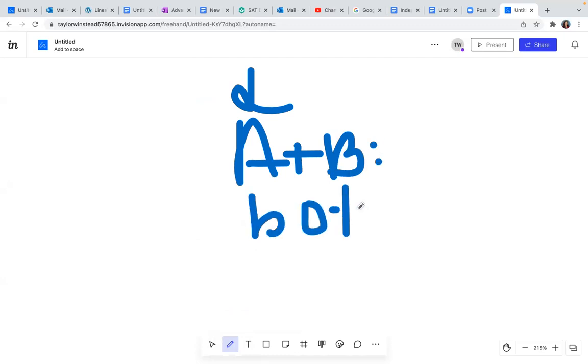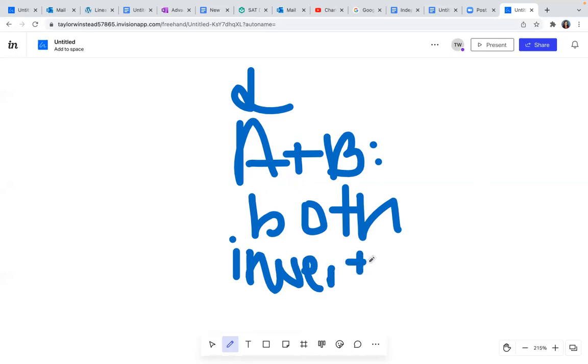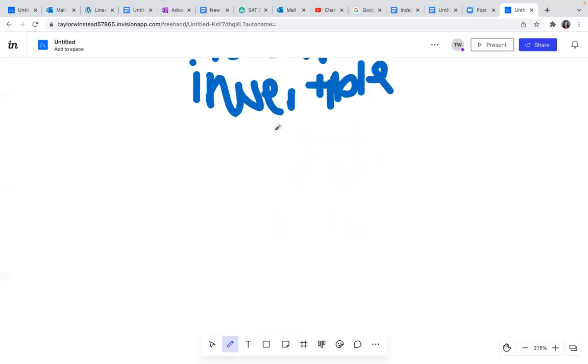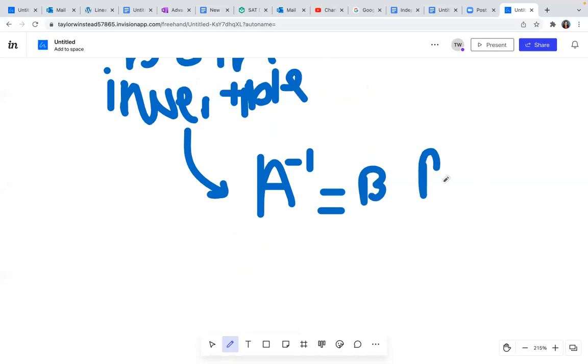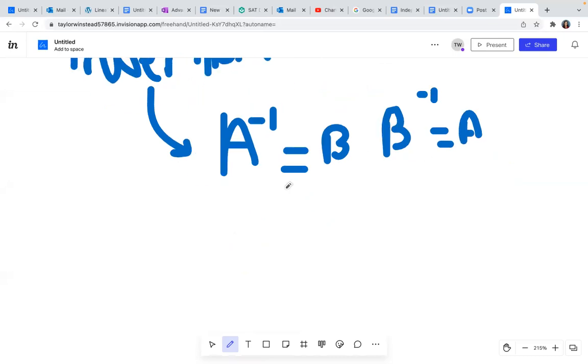I think you probably could have come to that conclusion based on previous proofs. And if that's the case, then that means that inverse A is B and inverse B is A. And finally, that means that A times B is also going to be the identity matrix, right?